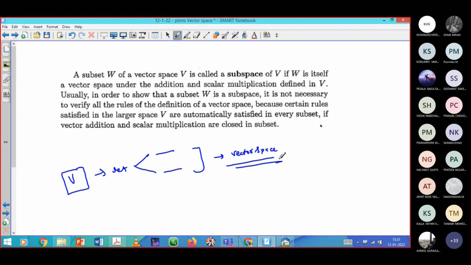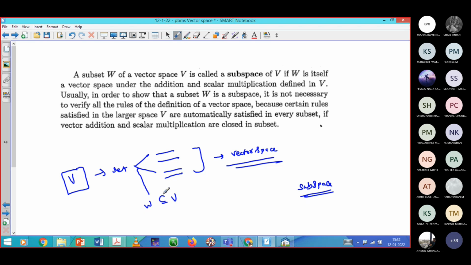Now they are giving the definition of subspace. Listen carefully. A subspace is derived as a subset of the vector space. One subset I am going to choose is W. It is a subset of V. If W satisfies the same conditions, vector addition and scalar multiplication, then obviously W also forms a vector space.